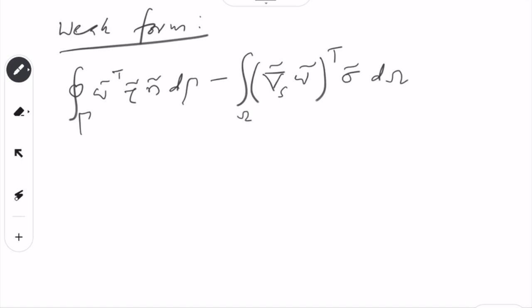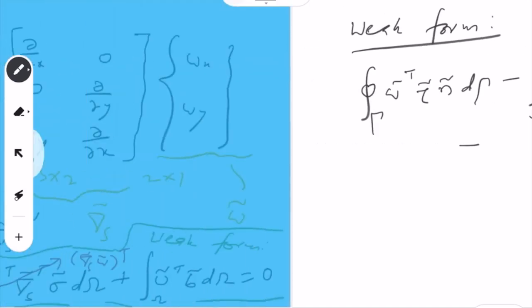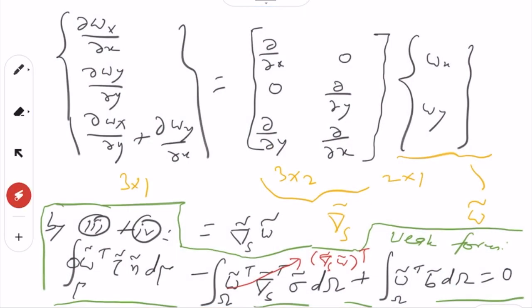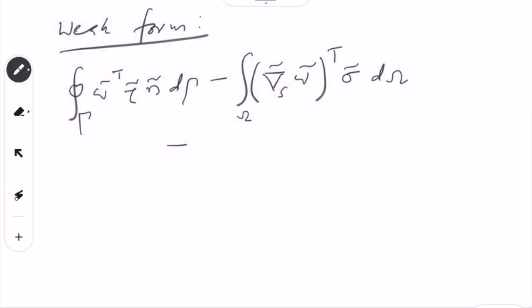Then not minus but plus, W transpose B, d omega, and that will be equal to 0.